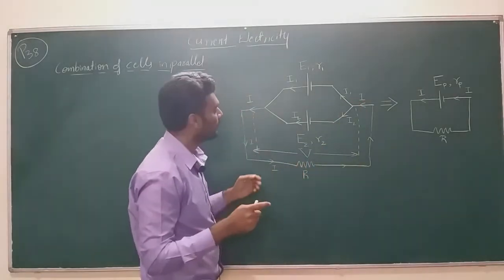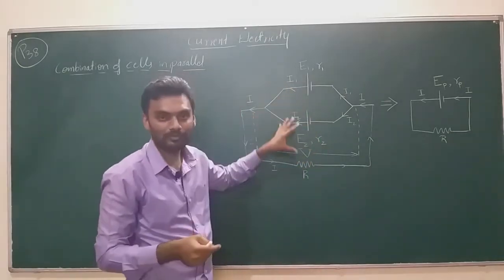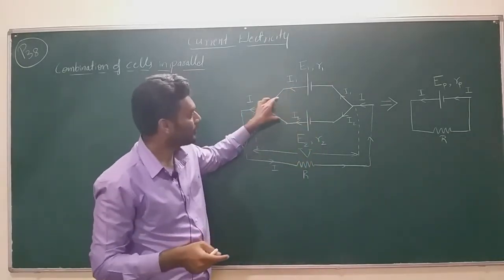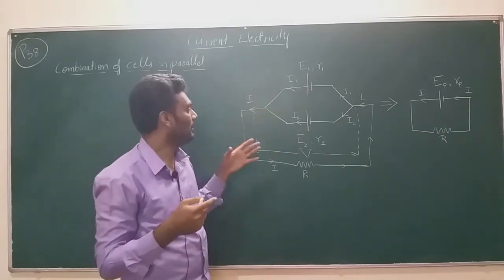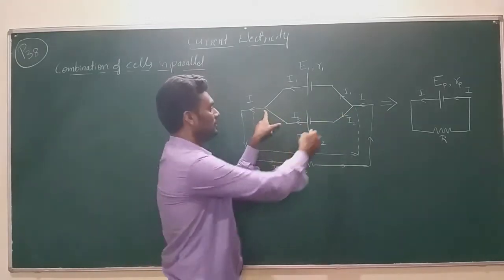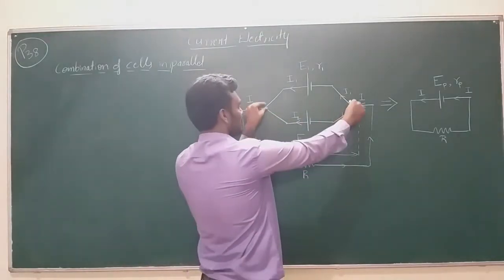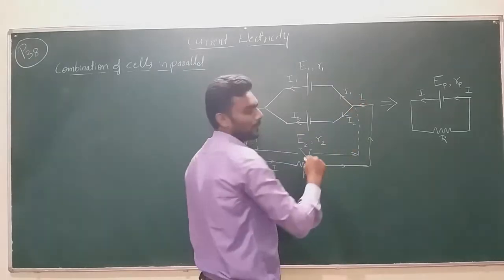Now keep one thing in mind: even though they are different cells with different EMF, when you connect any electrical devices in parallel, the voltage across the junction, across these two points where the wires meet, will be the same.